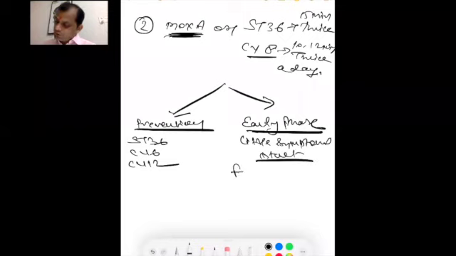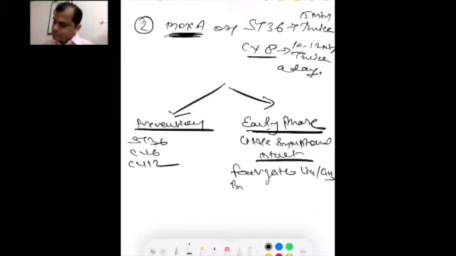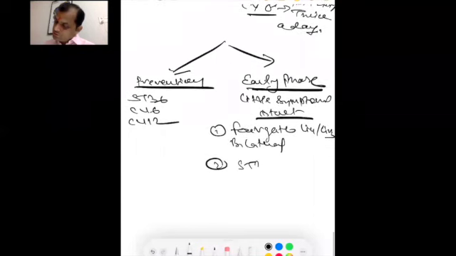So I told you 4 gate means Li4 and liver 3, bilateral. Number 2, stomach 36 and CV8 moxa. So let's see the location. First we'll see the location of 4 gate.